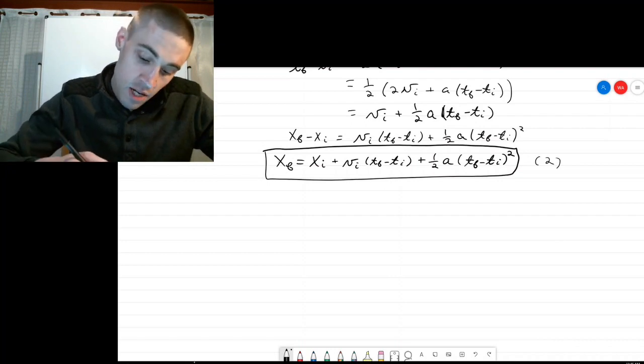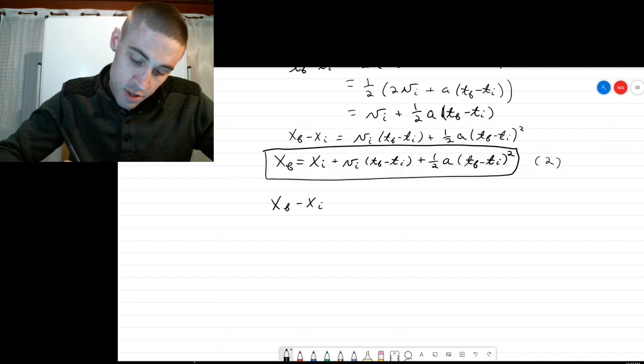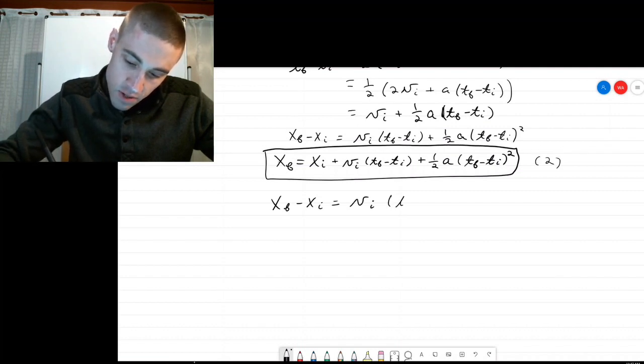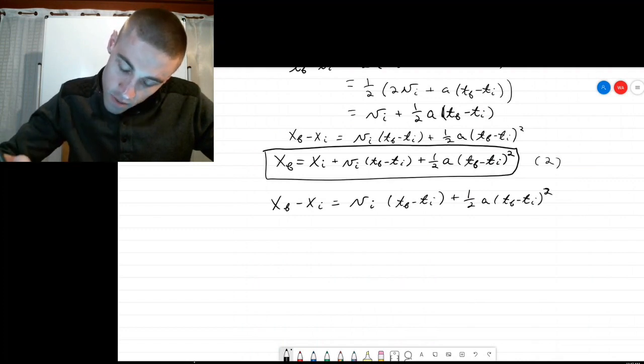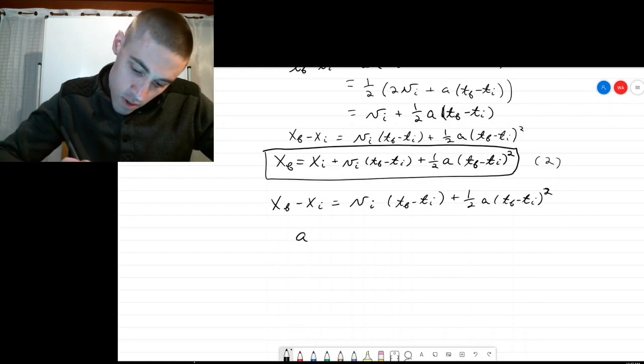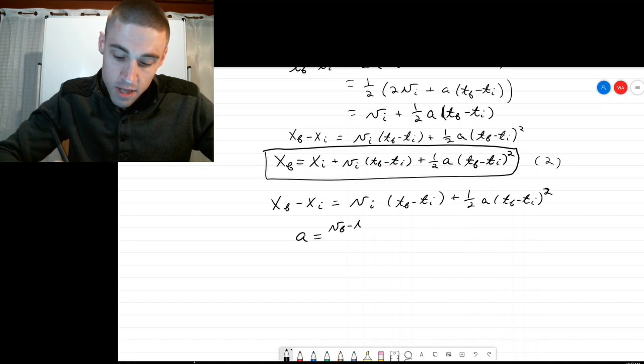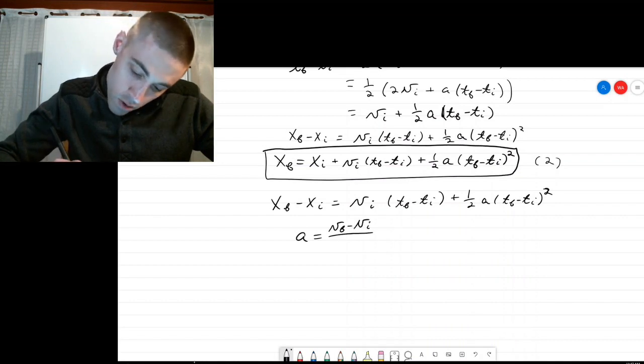So in that case, you could write that x final minus x initial equals v initial times, well, there's this time interval here, and there's another time interval here, but let's get rid of that. You can get rid of that by noting that acceleration was v final minus v initial over t final minus t initial.